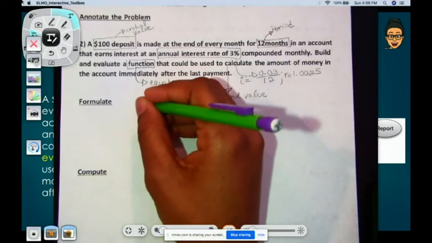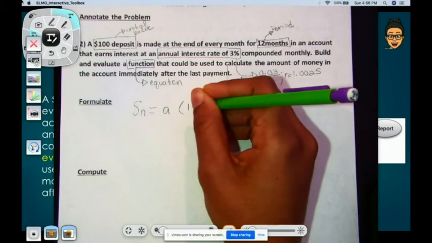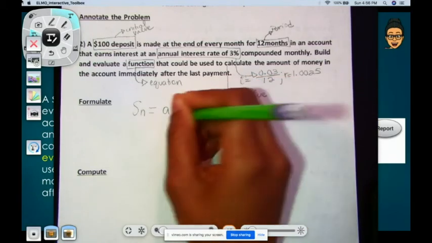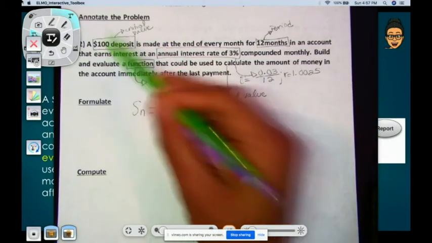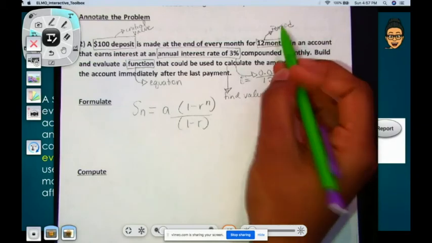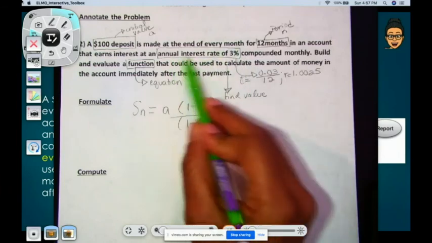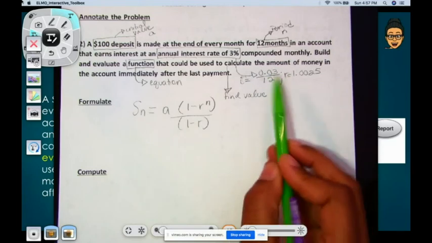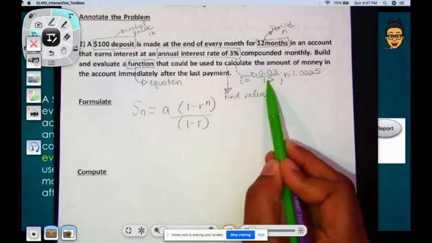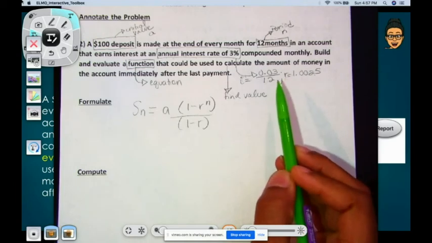Given my actual formula, which I know to be what I derived, A times the quantity of 1 minus R raised to the period n, all over the quantity of 1 minus R, taking into account the fact that my deposit was $100, I had a period of 12 months, so that's n, initial value would be A, and my annual interest of 3%, annual means over the course of the year, like you told me, I know that the interest is 0.03 divided by 12, giving me 0.0025. So all of my money and the interest is my common ratio, showing that it's compounding.